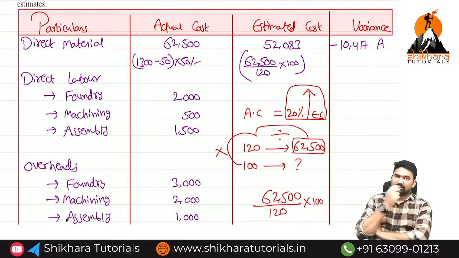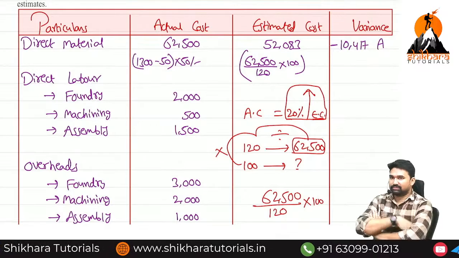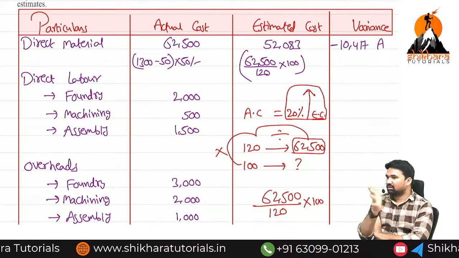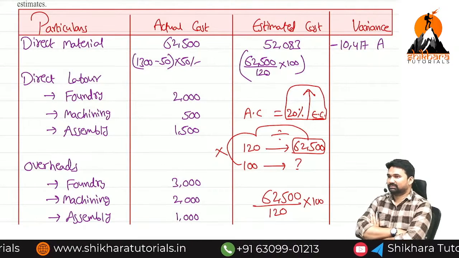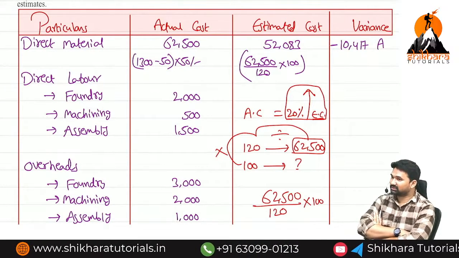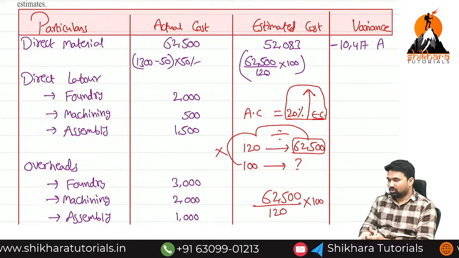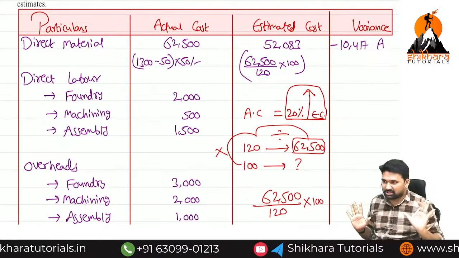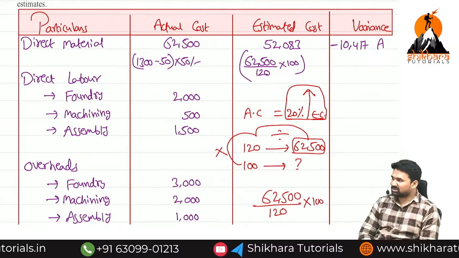In the problem, actual cost is given, estimated cost is not given, but the relation is given. What is the relation? Actual cost is equal to 20% more than estimated cost. You don't know the estimated cost, right?